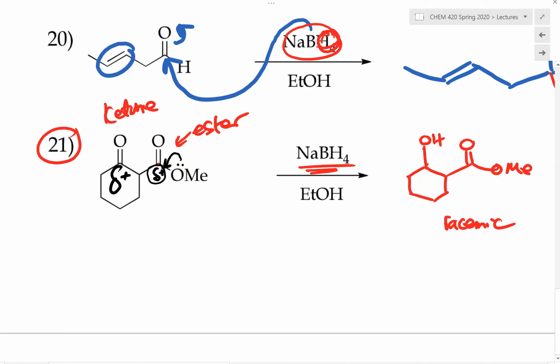Therefore, it is not as reactive compared to the carbonyl carbon from the ketone, which does not have any resonance effect. That's the explanation why this ketone is more reactive compared to the carbonyl from the ester, and thus can be reduced easily. Since this is a weak reducing agent, it will not be able to reduce everything. It is not strong enough to reduce the ester, but only the aldehyde and the ketone carbonyl.